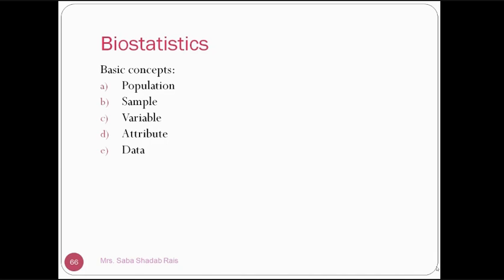I cannot say you are singing 5 kg good or 5 liter good. I will say you are an excellent singer, a very good singer, or you need to improve your singing. Such terms are qualitative, and such qualitative terms are described as attributes.